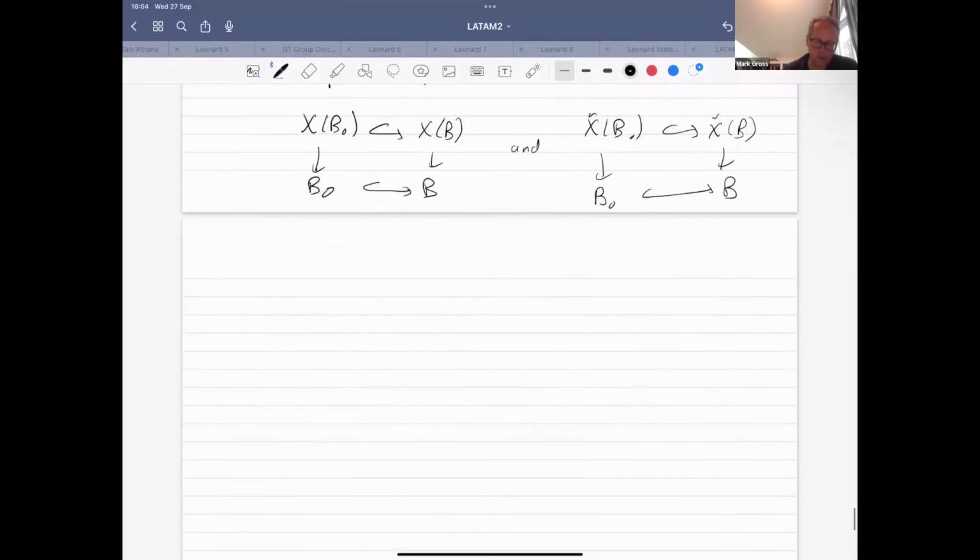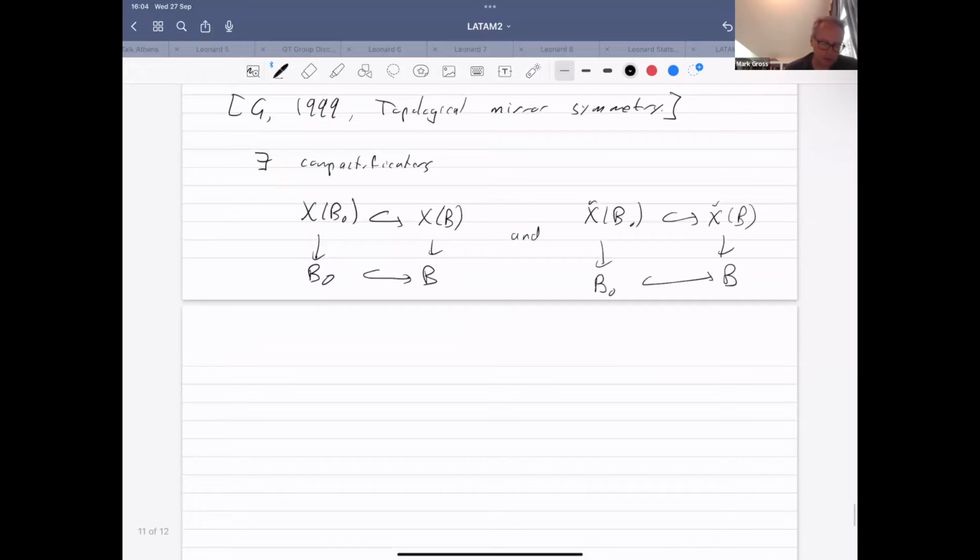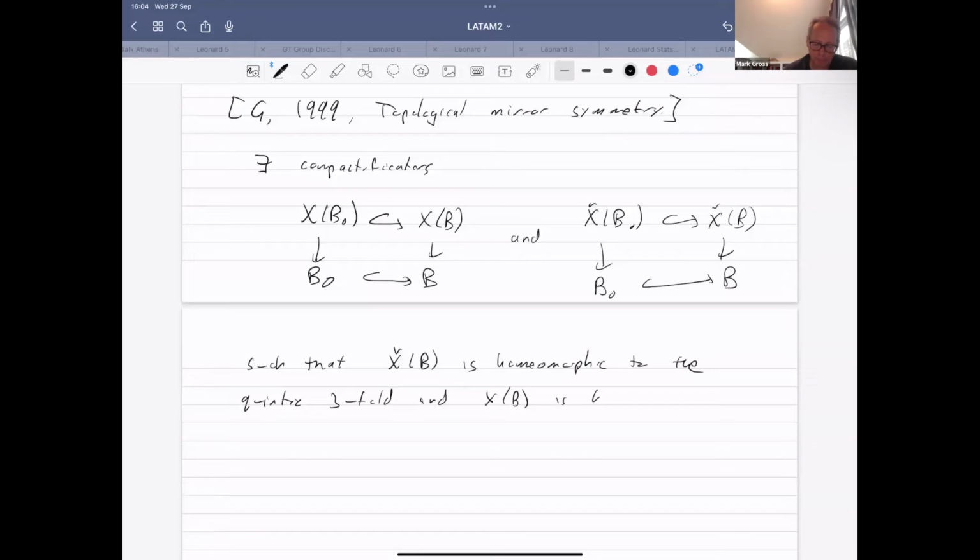There exist compactifications such that X check of B is homeomorphic to the quintic threefold, and X of B is homeomorphic to the mirror quintic.